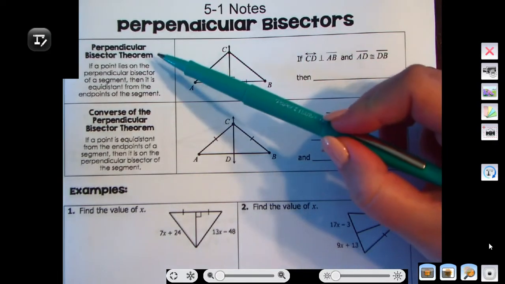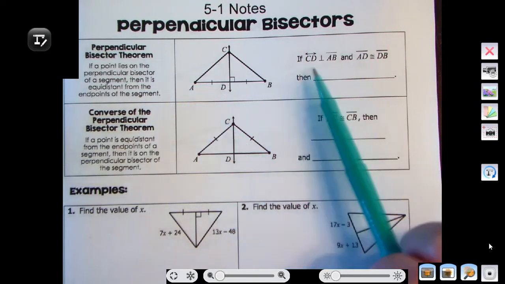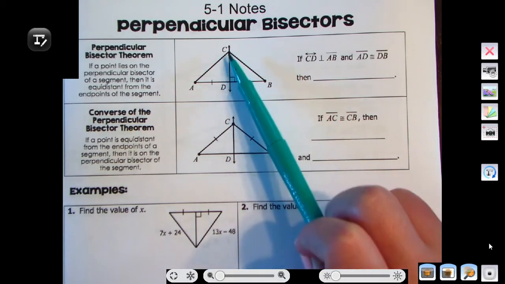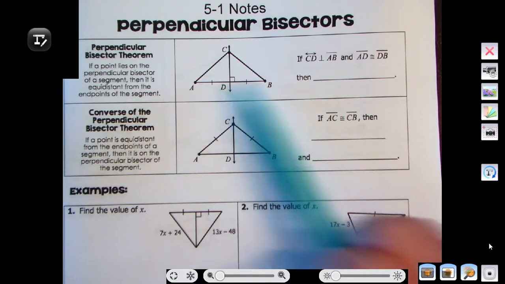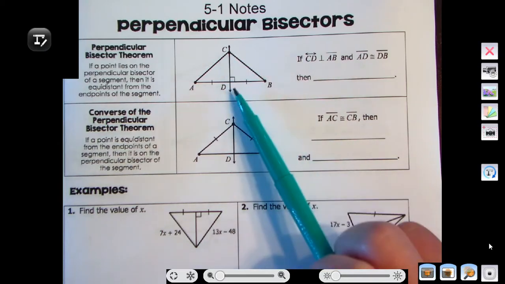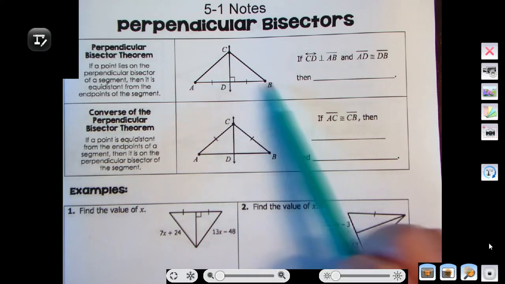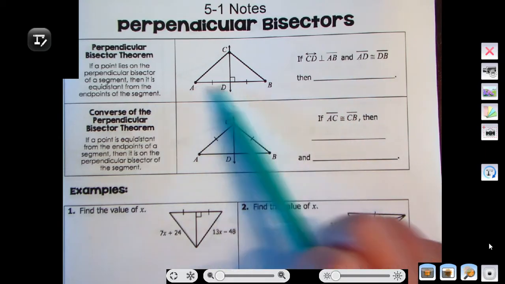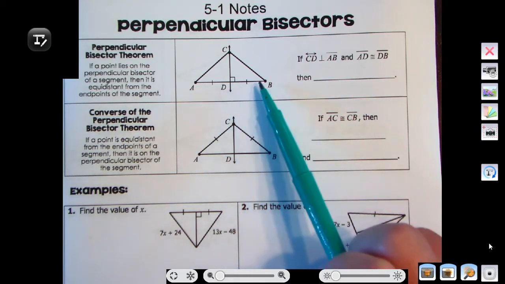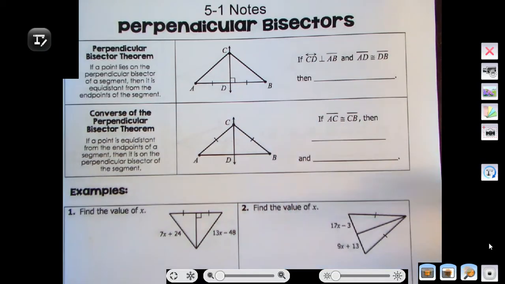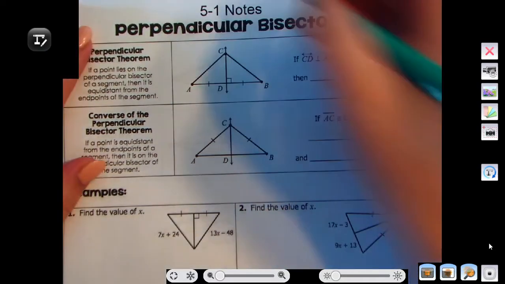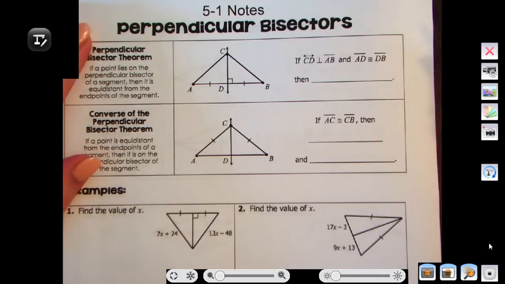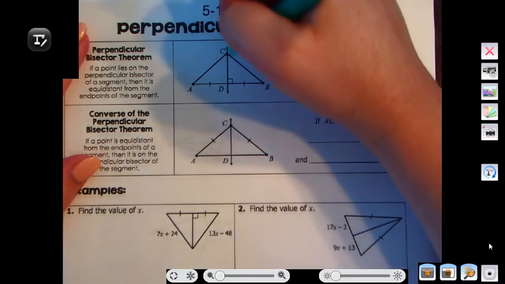And this perpendicular bisector theorem is telling us that if CD is perpendicular to AB, so CD right here is perpendicular to AB, this bottom one, and AD, so right here, AD is congruent to DB, so all of that is marked here, then that means that AC is congruent to CB.